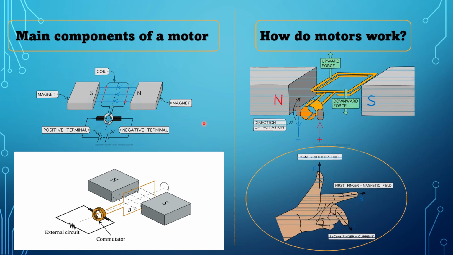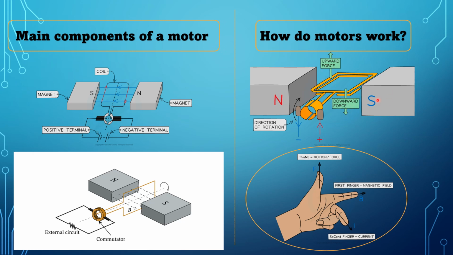So how do motors work? The current in the left side of this coil causes an upward force. But on the other side, the current in the right side of this coil causes a downward force. And as we all know, the upward force pushes it up and the downward force pushes it down.